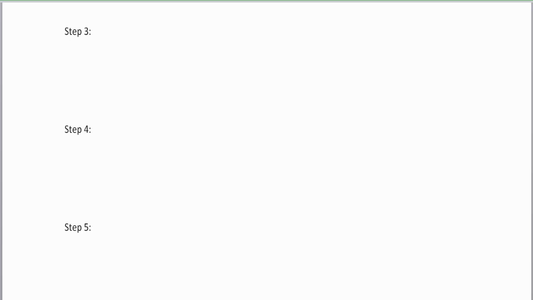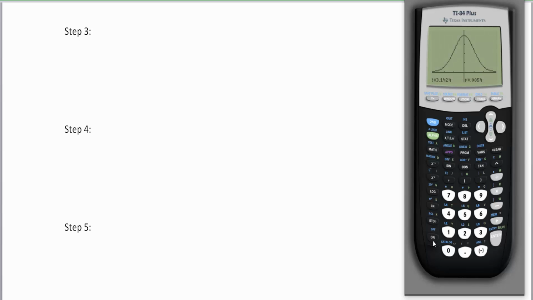Steps 3, 4, and 5 are the calculator steps: writing down your test and your p-value, drawing the picture, and then evaluating what you should do. So let's get our graphing calculator out again. Wake it up. Let's click on the stat and move over to the tests menu. Go back down to 2-sample t-test, and the 2-sample t-test is option 4 on my calculator. We're using the stats given in the problem.